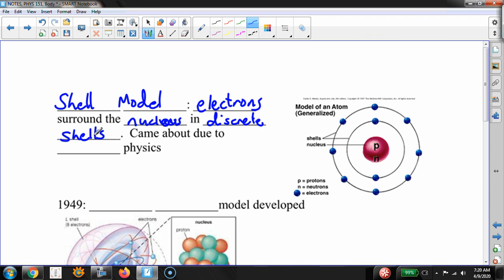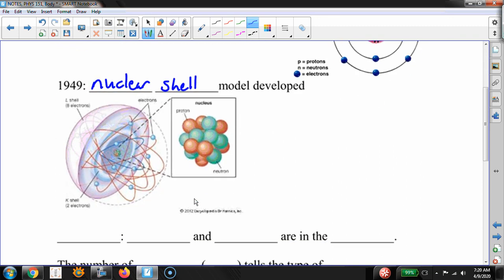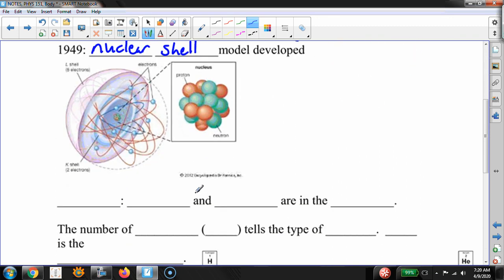And so this shell model came about due to studies in quantum physics. In 1949, the nuclear shell model was developed.